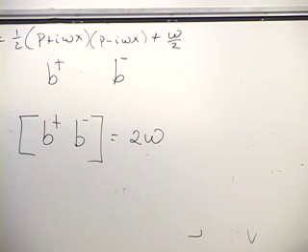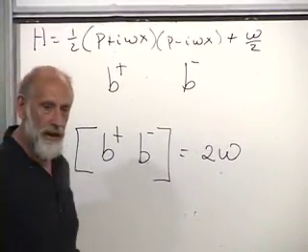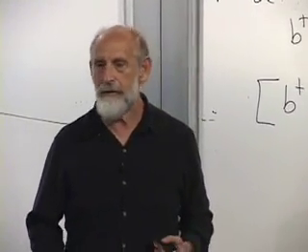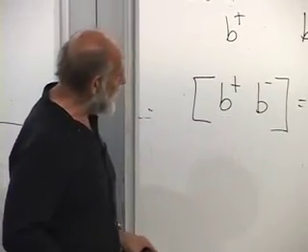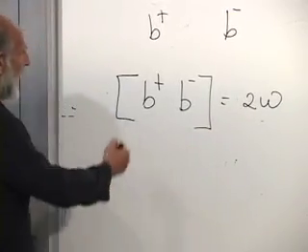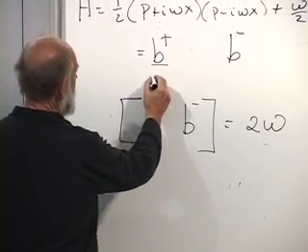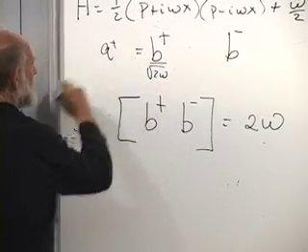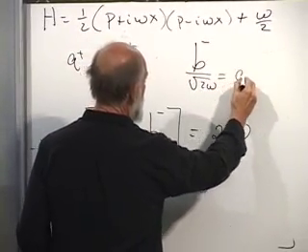All right, it's perfectly okay to operate with B plus and B minus. It's a matter of definition, history and convention to divide B plus and B minus by the square root of 2 omega and call the result A. So B plus over the square root of 2 omega is called A plus, and B minus over the square root of 2 omega is called A minus.